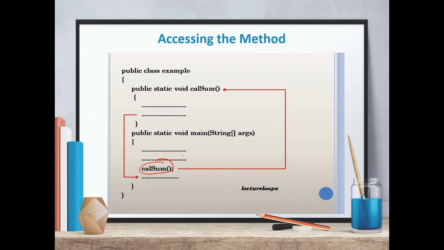The body of the method is executed and the control is again transferred to the calling function. As you can see here, the control will be transferred here, all the statements will be executed one by one, and when this method is completed, the control will be transferred back to the calling function.